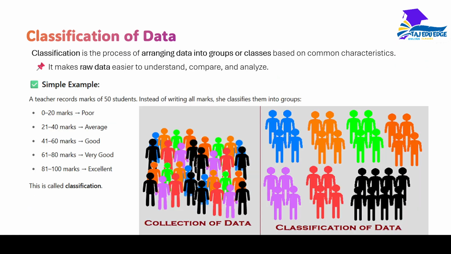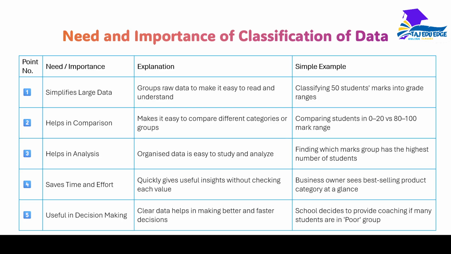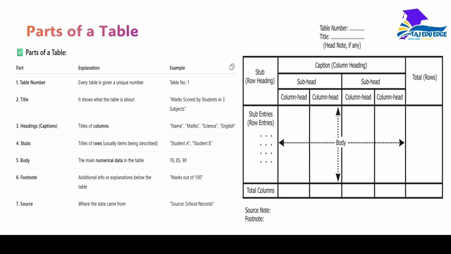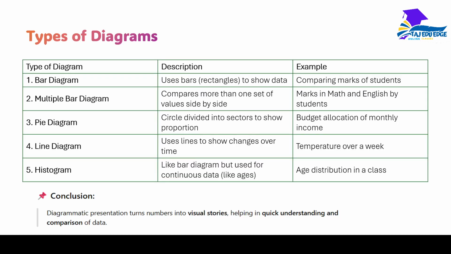The classification of data along with the methods of classification and need and importance of classification is covered in video 4. Video 5 consists of the meaning of tabulation of data and the parts of a table, which is most important. And video 6 consists of diagrammatic presentation of the collected data and the types of diagrams.